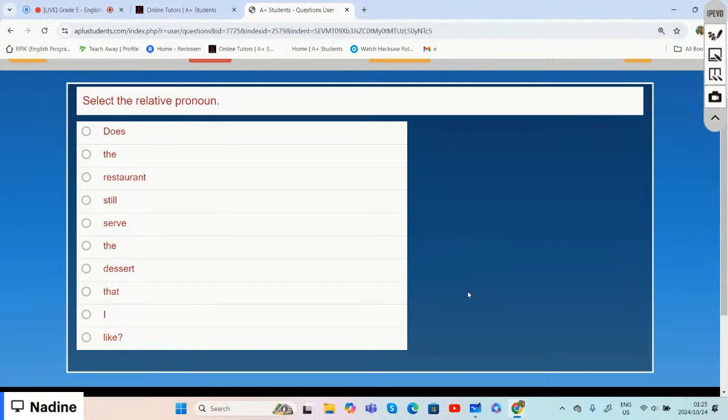Does the restaurant still serve the dessert that I like? We need to select the relative pronoun.